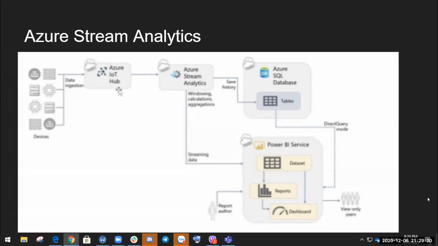You might have heard a lot about Kafka, where you also do a similar thing. In Azure, there's a specific service for that, which is Azure Stream Analytics.